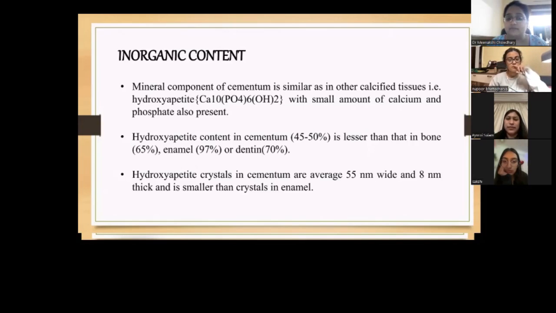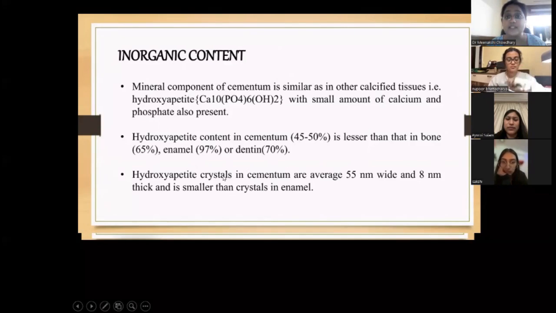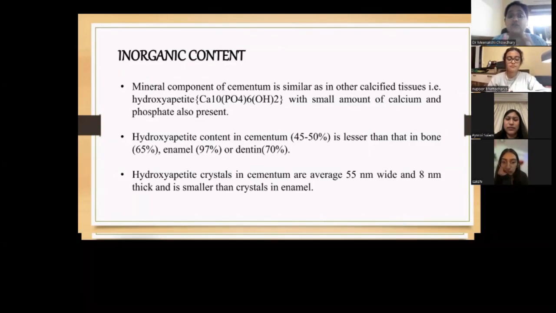In cementum, the hydroxyapatite crystal size ranges about 7 to 8 nanometers in thickness and about 52 to 55 nanometers in width. But these crystals are different from those present in enamel. That's the microscopic differentiation.